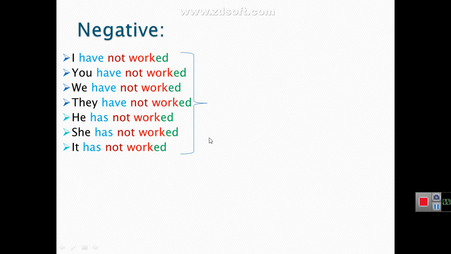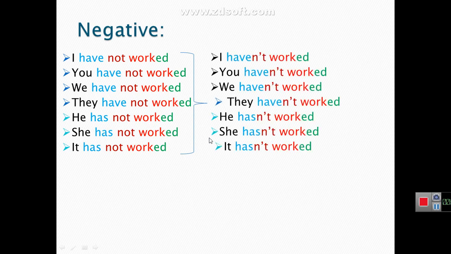Okay? For contracting them, we have two types of contracting. The first one, we are just gonna contract not, which is haven't. I haven't worked. You haven't worked. He hasn't worked. Guys, I'm gonna advise you to use this way of contracting.